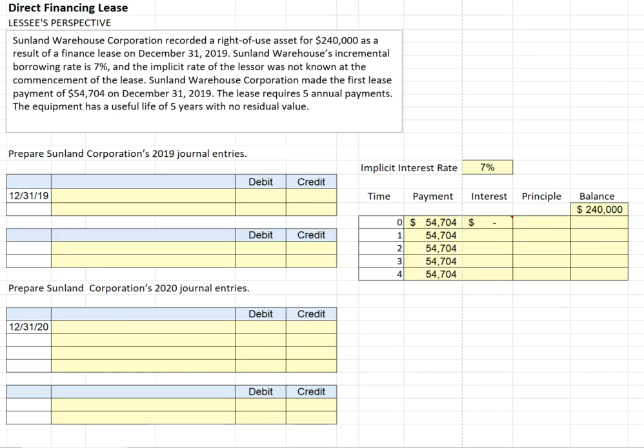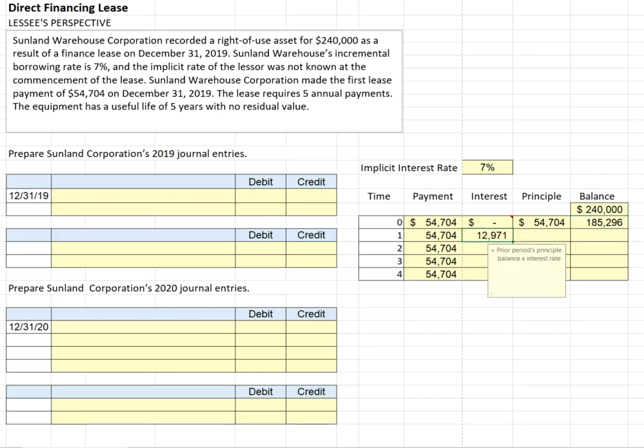In preparing our amortization table, the interest expense at time 0 is 0 because we haven't borrowed the money for any length of time. The change in principal upon the signing of the lease will be $54,704, giving us a balance due at that point in time of $185,296.